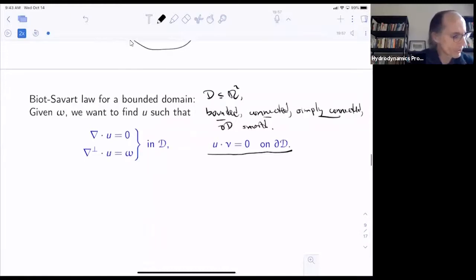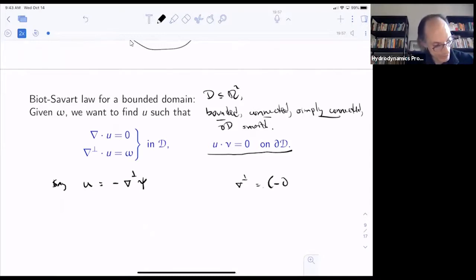Well, so what we did before is we'll say u is the grad perp, so again, grad perp is, I think, minus D2, D1. This was our recipe before. We said we invert the Laplacian to get some function we call psi, a stream function. And then we took u to be the orthogonal gradient with a minus sign, I believe.